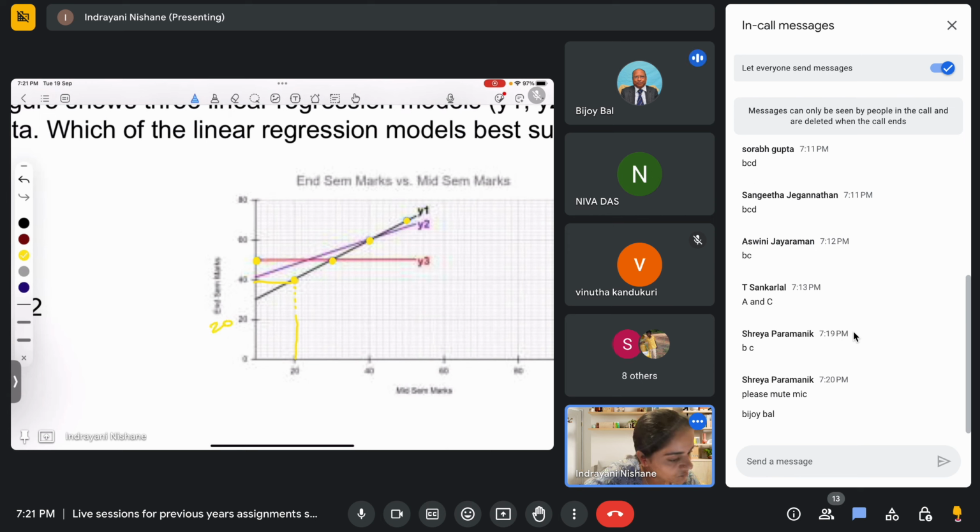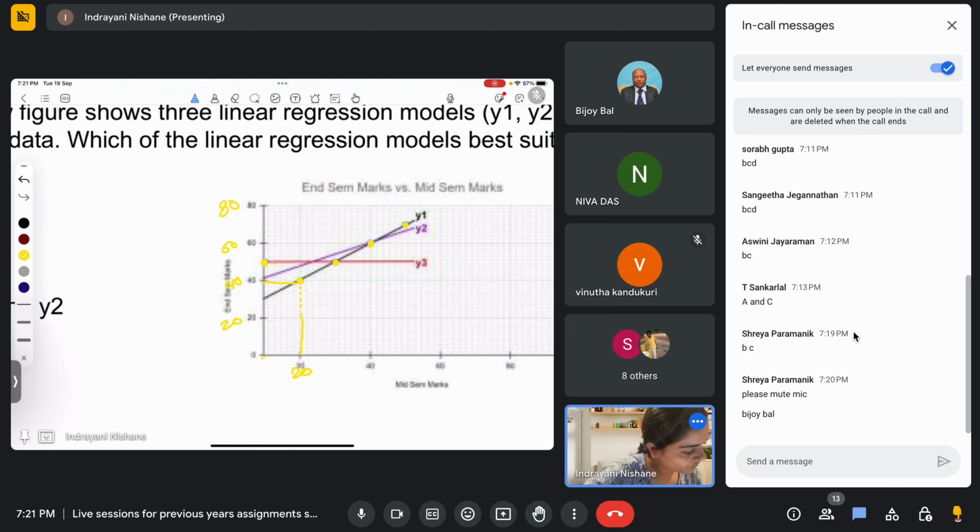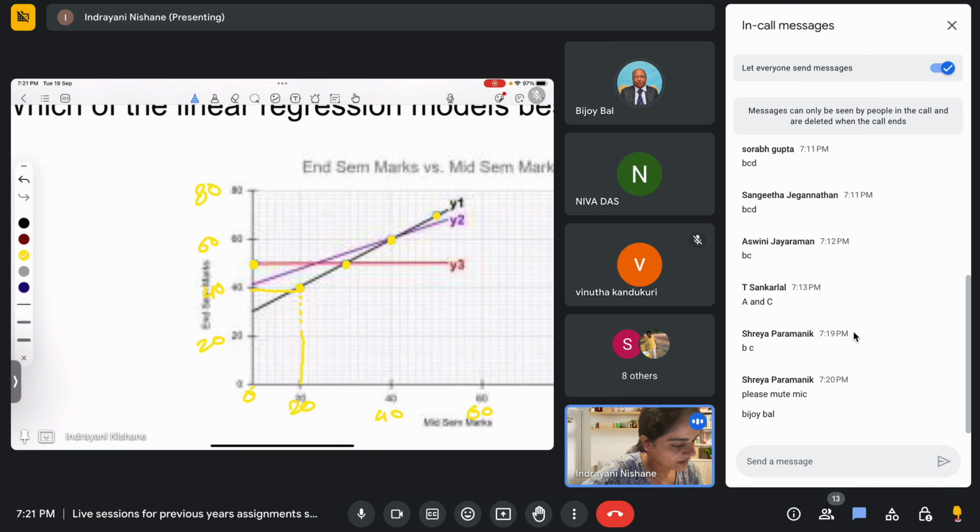So this seems 20, 40, 60 and 80. This is the x value, which also seems to be 20, 40, 60 and 80. For 0 there is this 50.